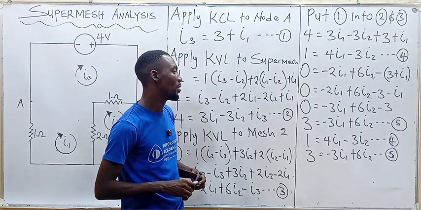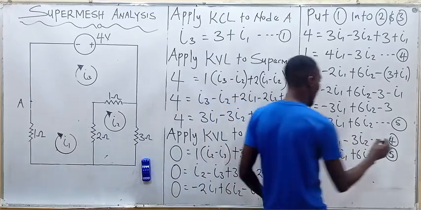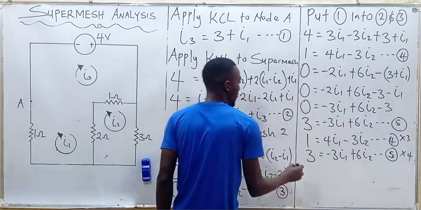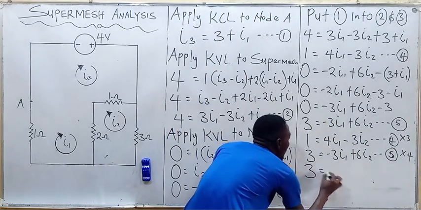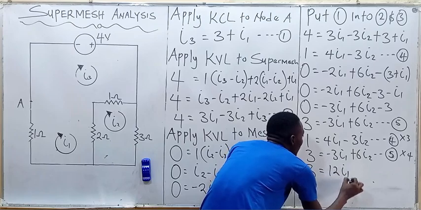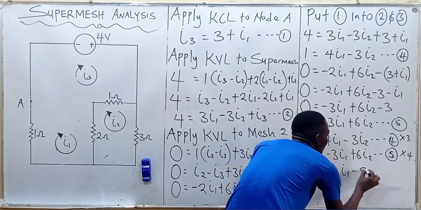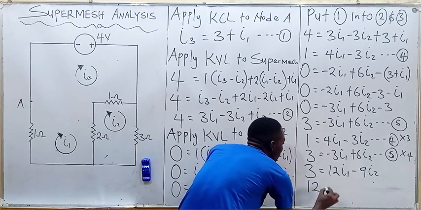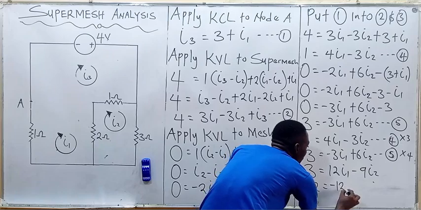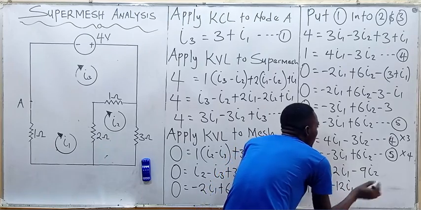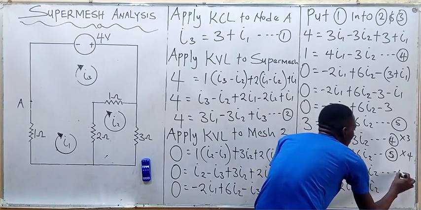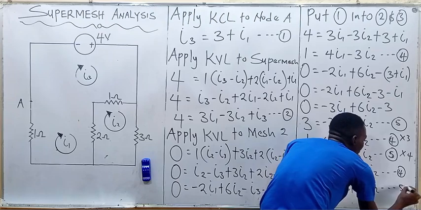We are going to multiply equation 4 by 3 and equation 5 by 4. So 3 times 1 is 3 equals 12I1 minus 9I2, and 12 equals minus 12I1 plus 24I2.